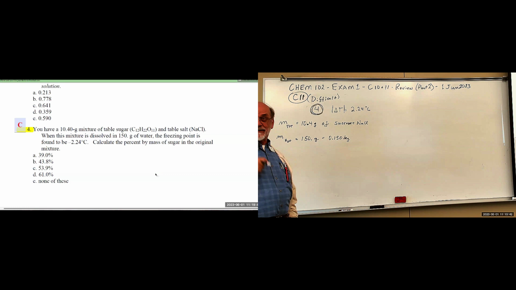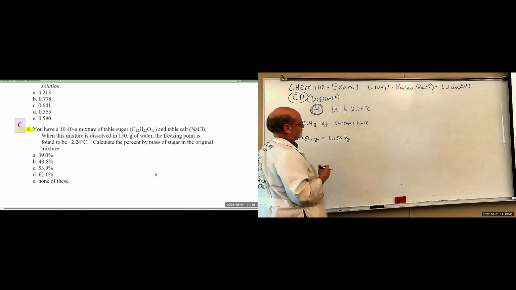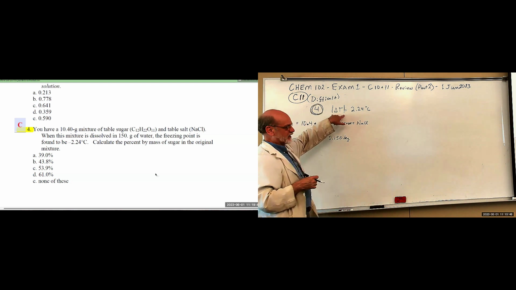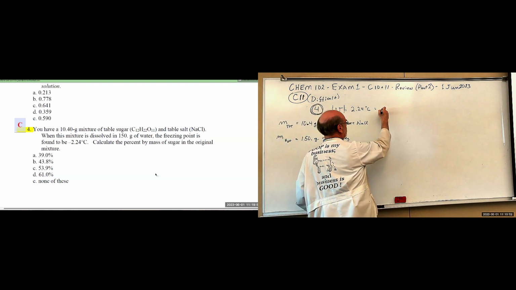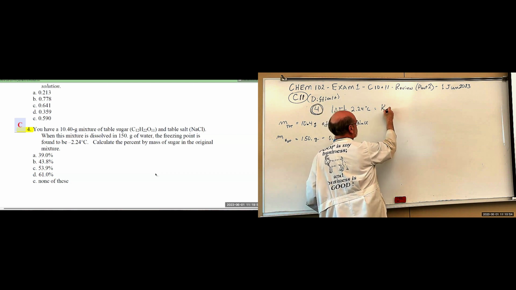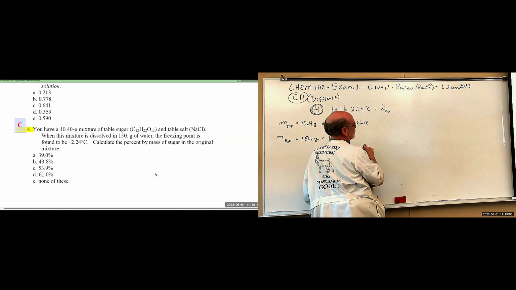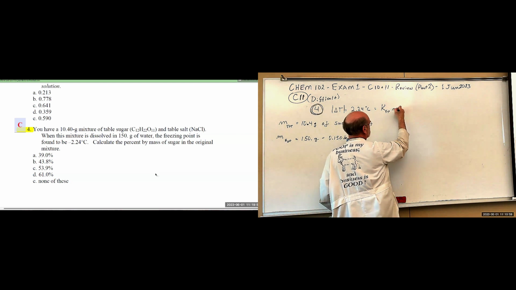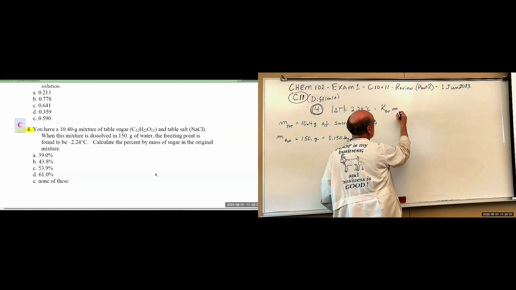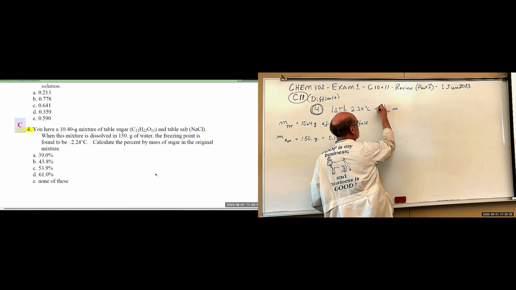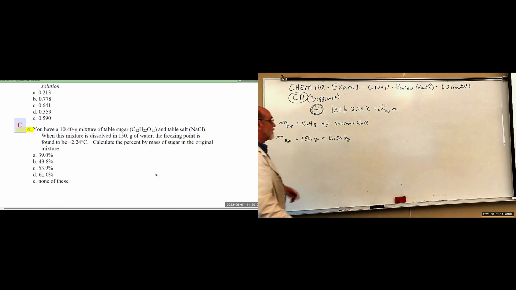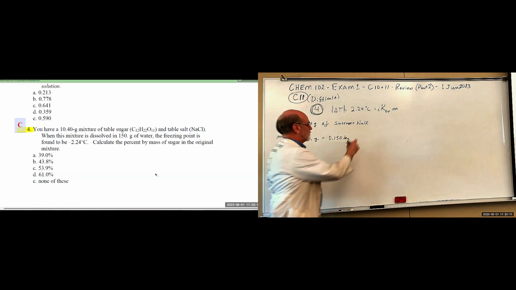I just need to know how many degrees it moved. That's why I put those two lines there. And that's equal to what? Well, we need the freezing point depression constant for water, the molality of the solution, and the correction factor. We know we're going to have a correction factor because of the salt right there.